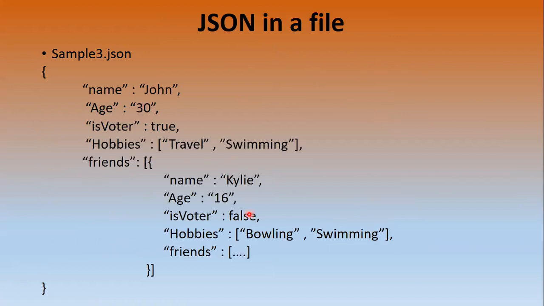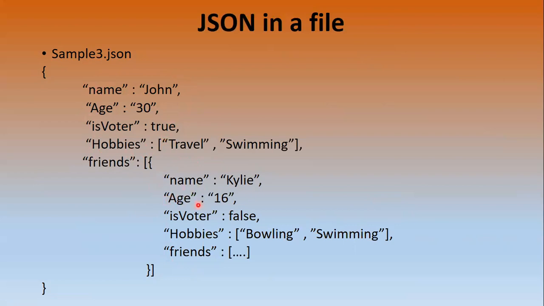Now, some more examples to make it a bit more complex: name is there, age is there, voter is Boolean, and then we have an array of string. And then inside that we have an object. Okay. So you can see here we have these braces, and then curly braces indicating an object, which means this particular thing can even have the same set of key value pairs that was there.